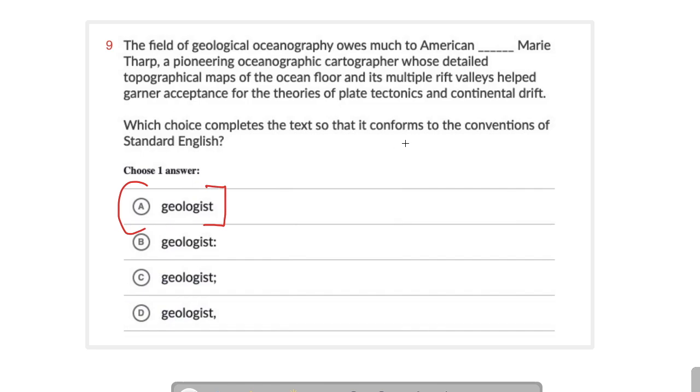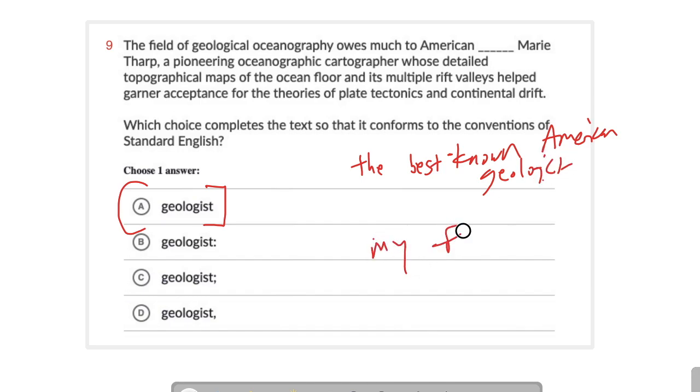Why no punctuation? It's not saying the best known American geologist. It's not saying that, or my favorite American geologist. It's just saying American geologist.